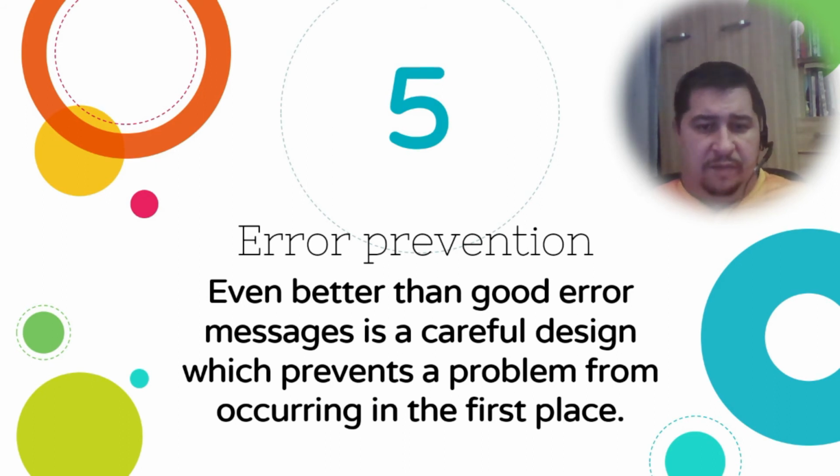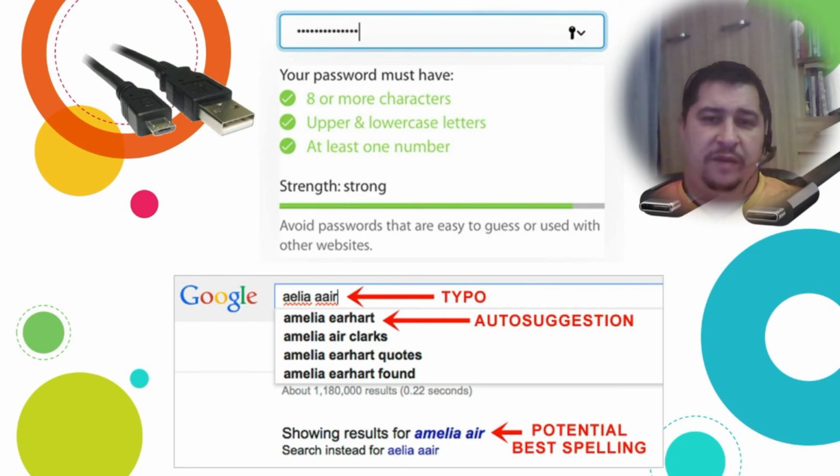Now let's talk about error prevention. Even better than good error messages is a careful design that prevents a problem from occurring in the first place. And yeah, we can talk about, let's say, USB and USB-C standards.